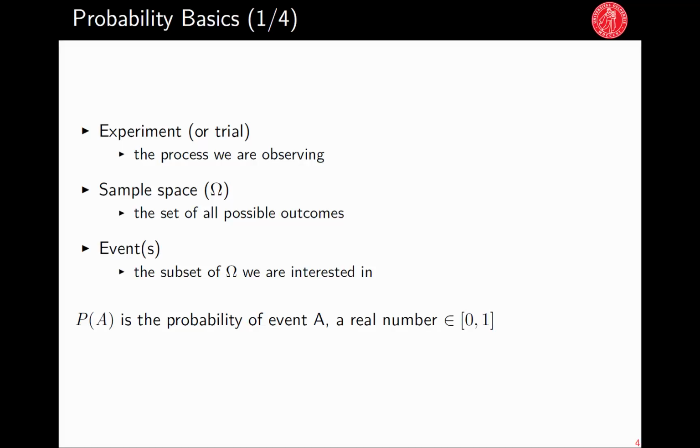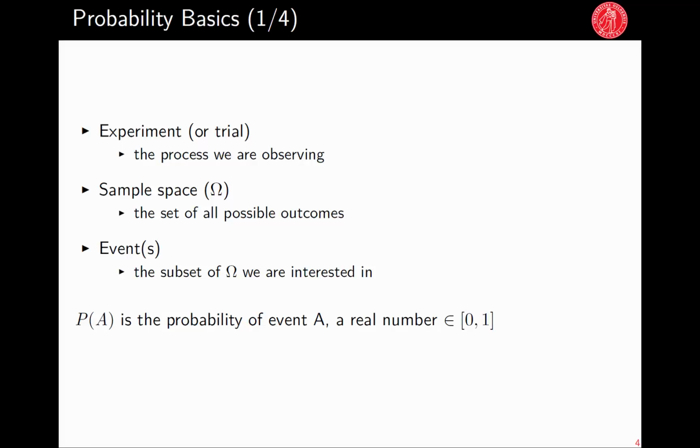We'll often assume that we're conducting an experiment or a trial, and that there is some process, a random process that we are observing. We'll refer to the space of possible things that can happen, the outcomes, as the sample space.